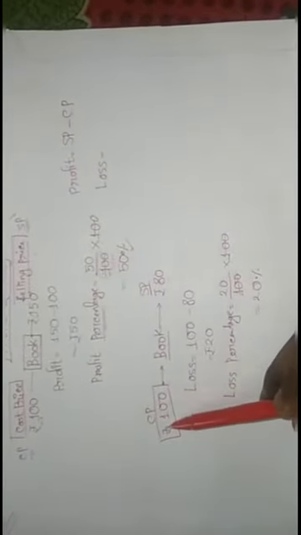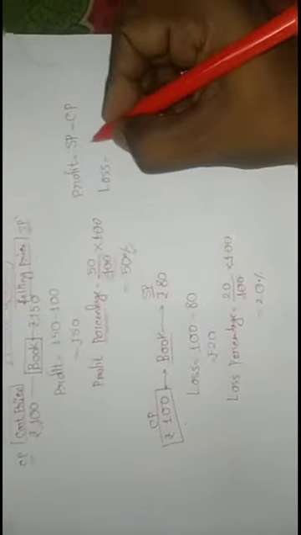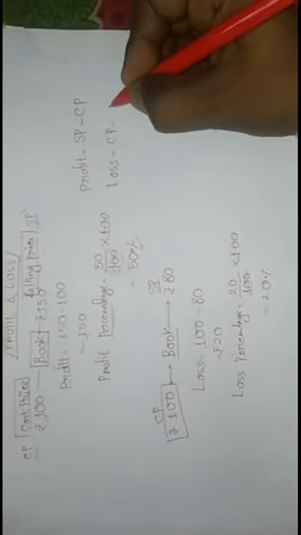When loss occurs? When cost price is more than selling price, then there is a loss. So loss equals to cost price minus selling price. Now if we need to make it profit percentage or loss percentage, we will multiply it with 100. Okay, so these are the formulas for profit and loss.